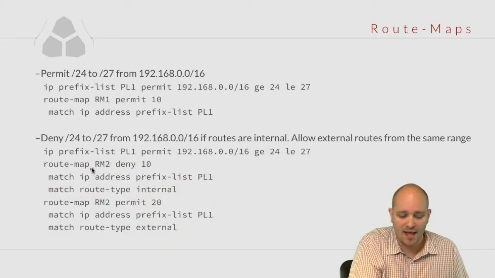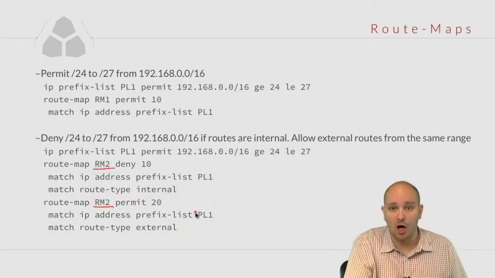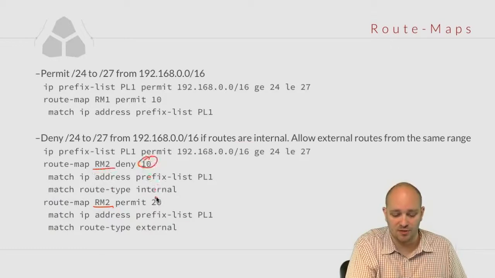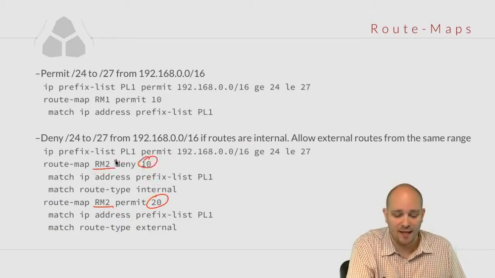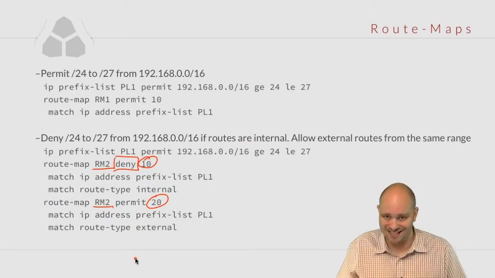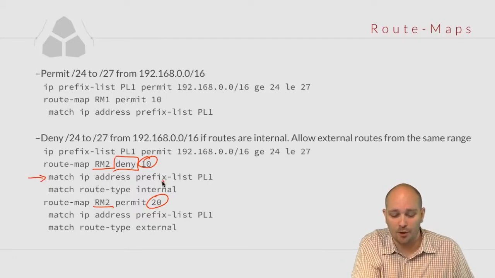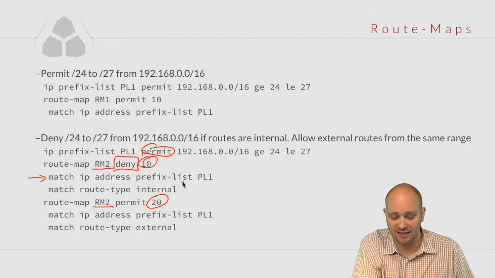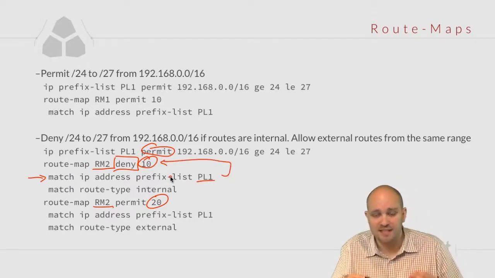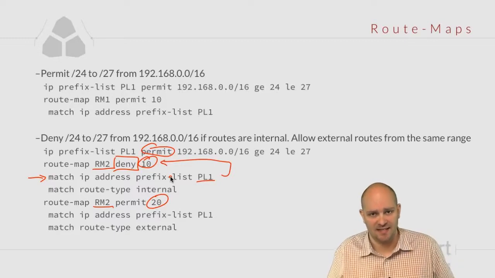First of all, I have my route map RM2 that has two sequences, 10 and 20. Now we can see that the first sequence has the action of deny. That means whatever is actually permitted by the prefix list that I'm matching here will be denied because this here is a deny statement.